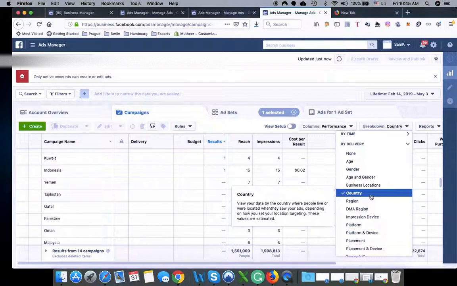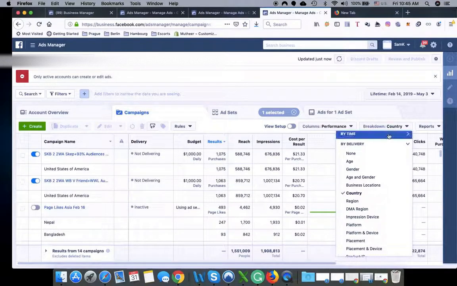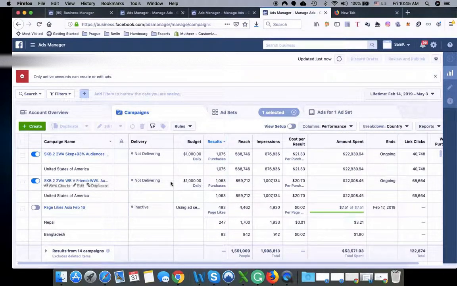Another thing you could do is the opposite, which is create a super group and find which countries have the best numbers: good purchases with the lowest cost per result. I'm just going to close this here. Yeah, these are all US.